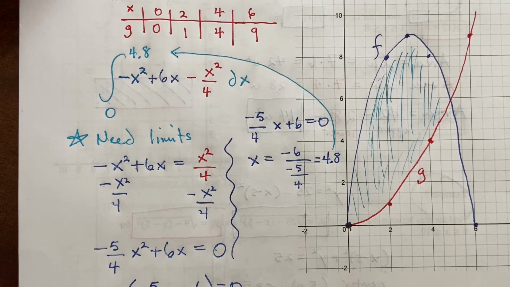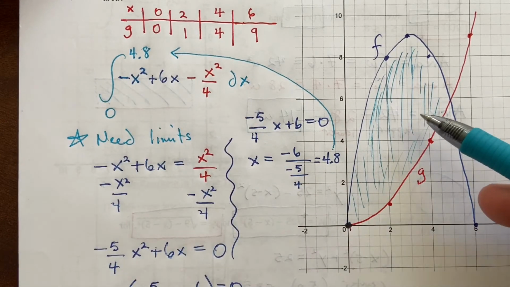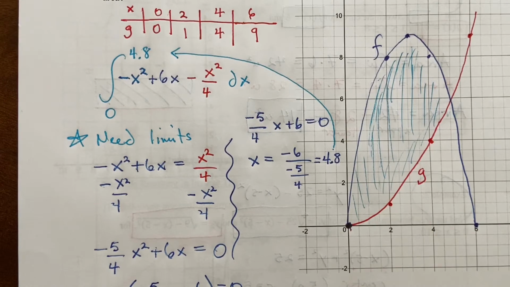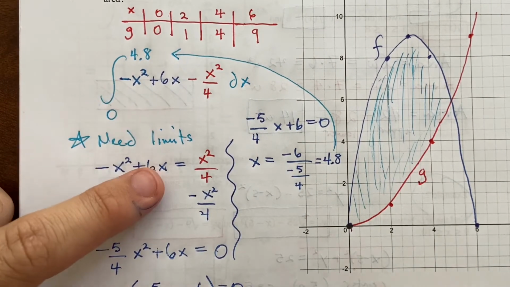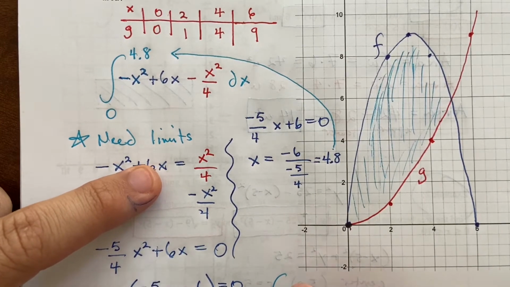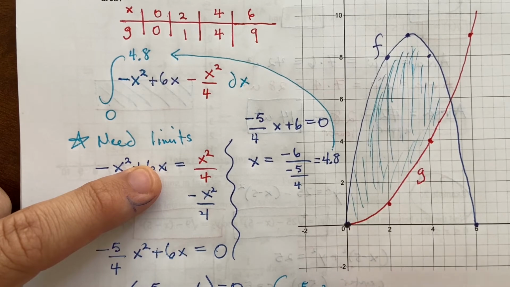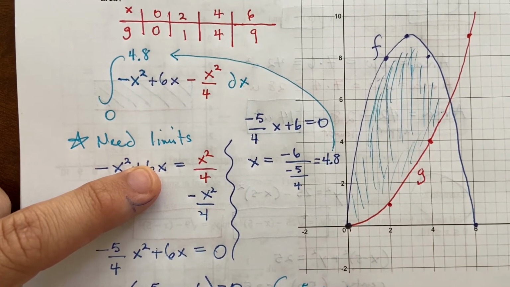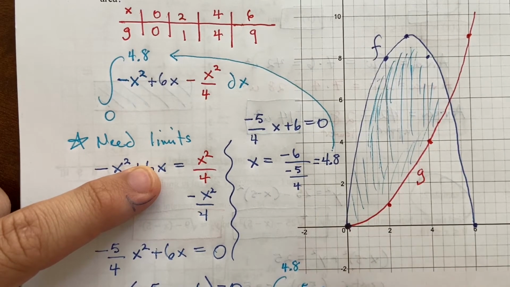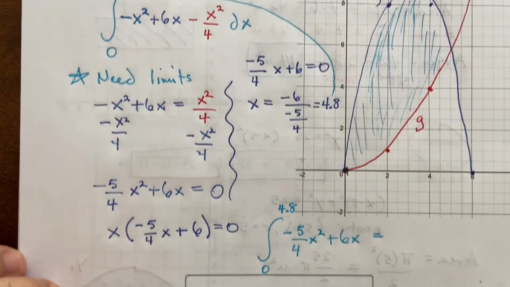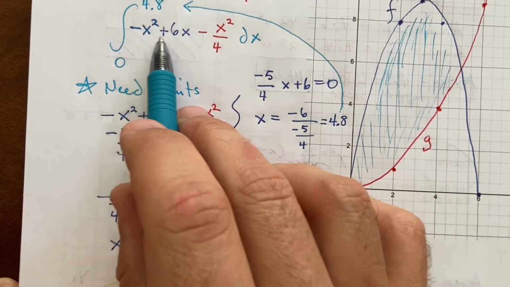Okay. So here is what we need to integrate to find this exact area. So combine like terms. Right, we have negative 5/4 x squared plus 6x from 0 to 4.8. Find the antiderivative. Oops. So all I did there was I combined these like terms.